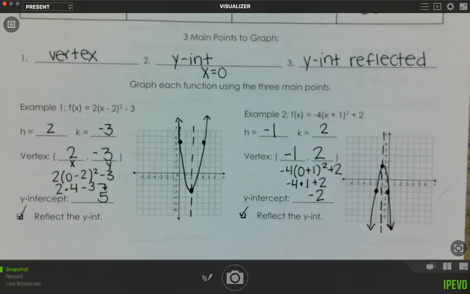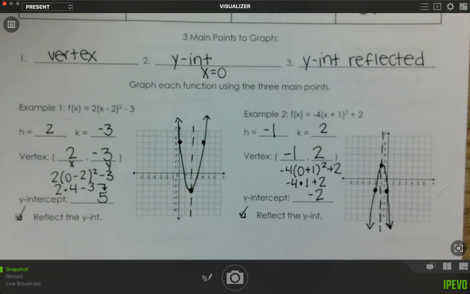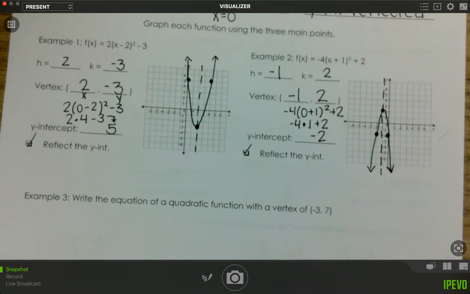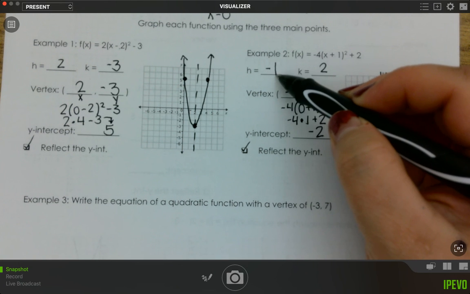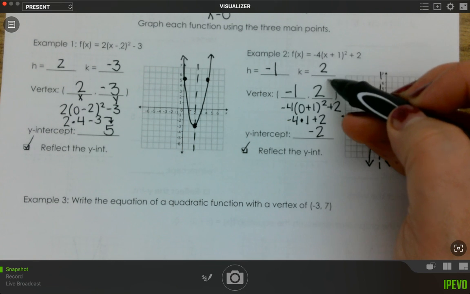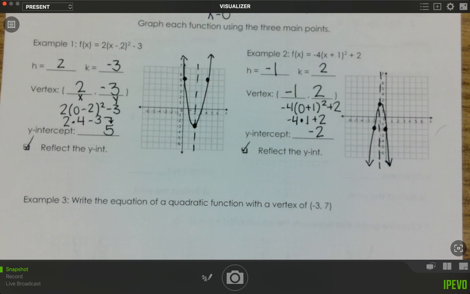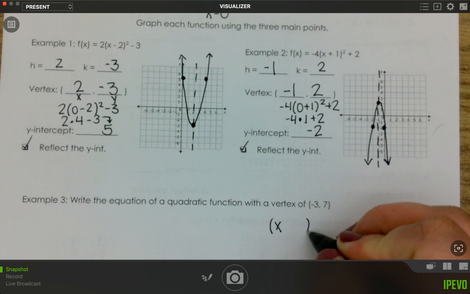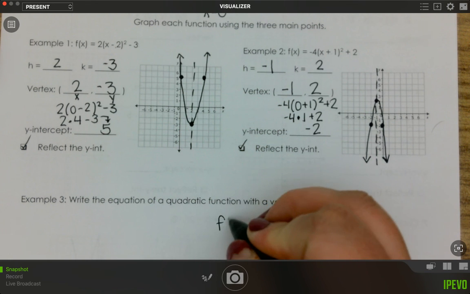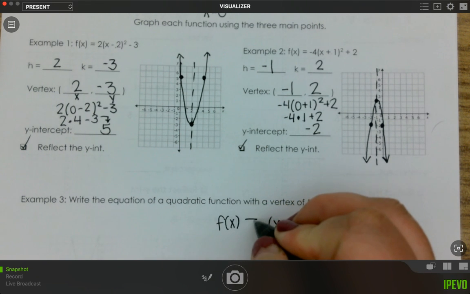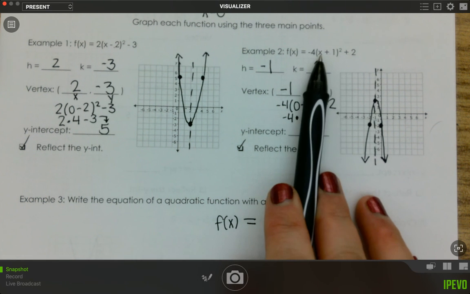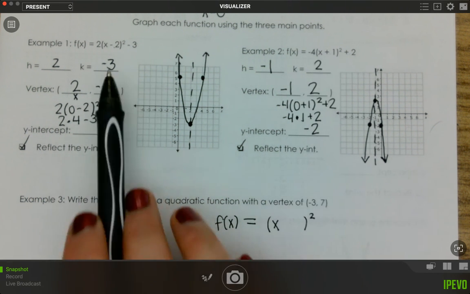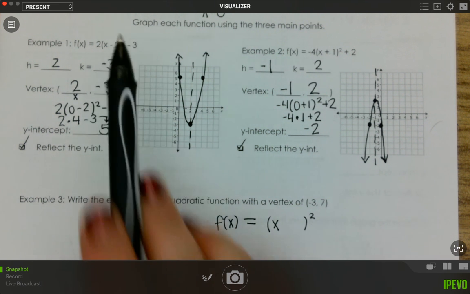Now let's talk about how to write the equation. So just like how this became the opposite and this stayed the same for the vertex, we're going to do the opposite part, except we want to put it in the equation instead. So you know it needs to look something like this, because all of these have parentheses with x in them, squared.